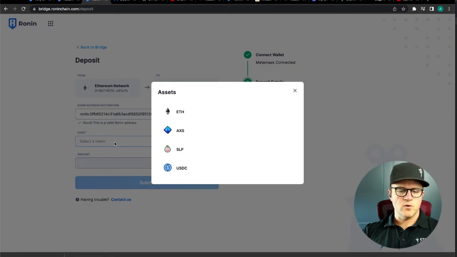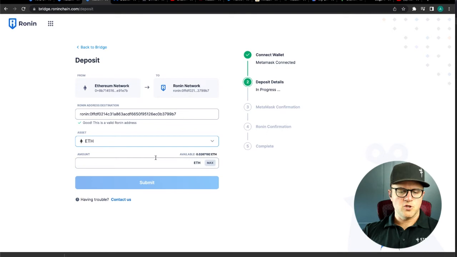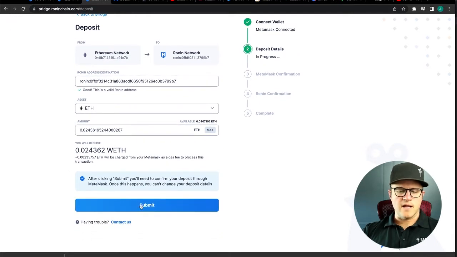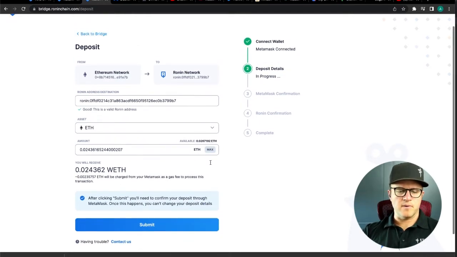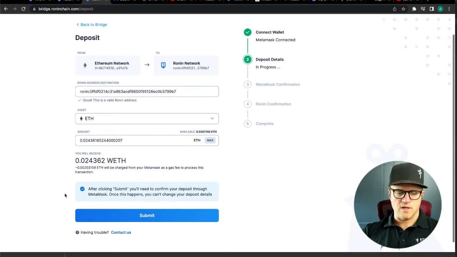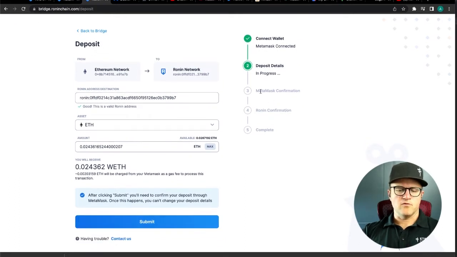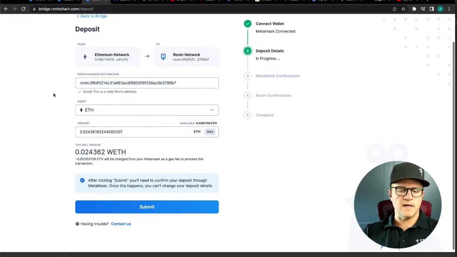You want to select your token. Let's say we want to transfer some ETH. I don't have too much ETH in my MetaMask at the moment, but we're just going to do the max and hit submit. Now this would cost me some gas, so it'd be above and beyond. I couldn't do the max in Ethereum because obviously it would cost gas as well, but you get the picture there. And it'll confirm in your MetaMask, and then it'll confirm in your Ronin, and then it'll be complete. So that is how you get assets in.